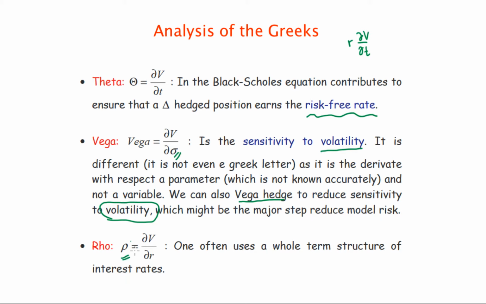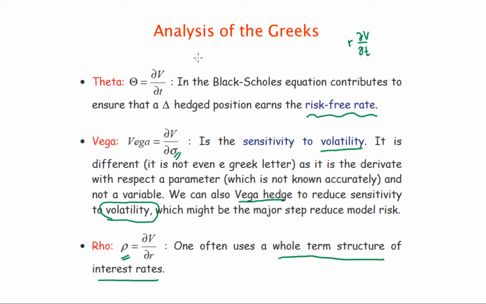And this shows again the sensitivity to the interest rate. Sometimes, in these Black-Scholes equations, the whole term structure of the interest rates is also used in order to price the option.